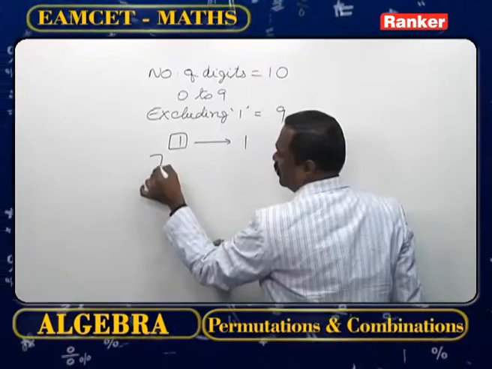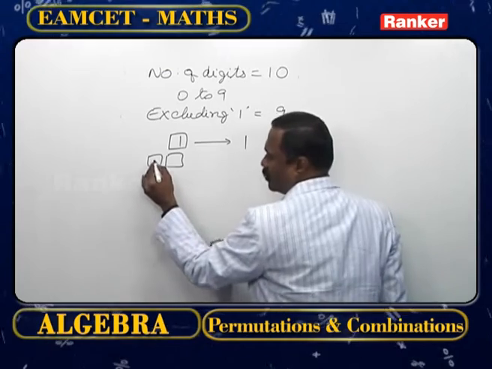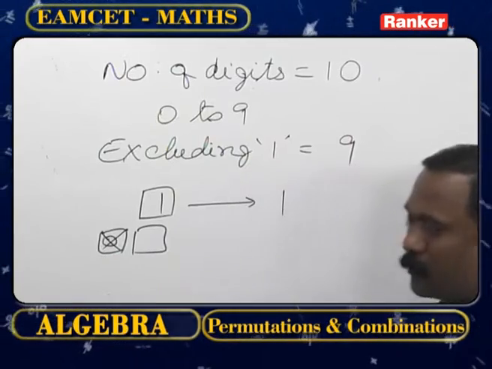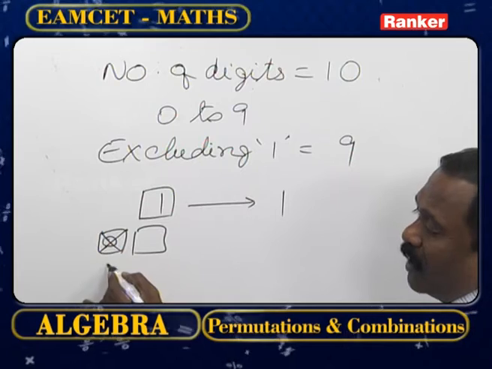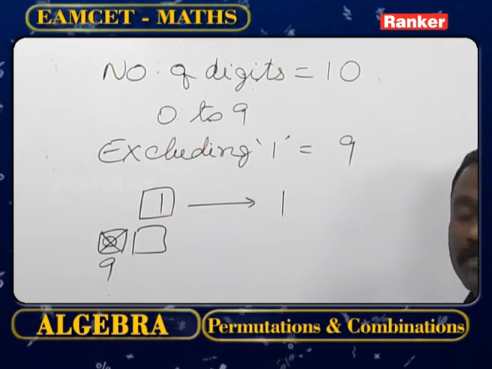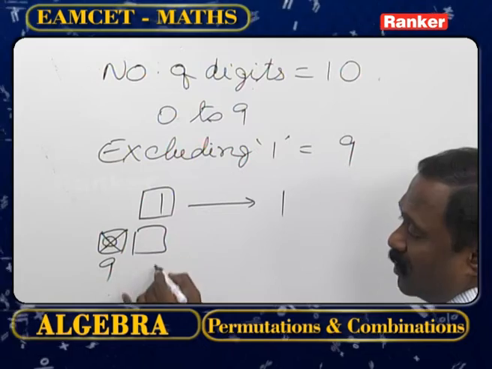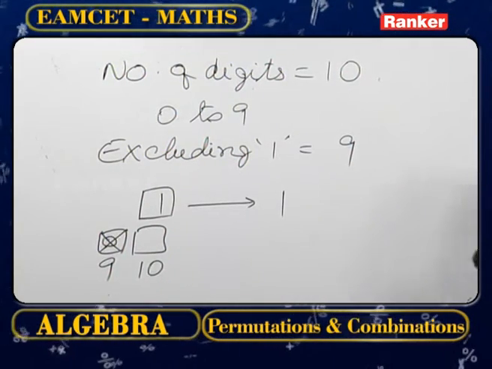If you take a 2-digit number, it should not start with 0. Then you can fill it with 9 different numbers, and this again with 10. 9 into 10.